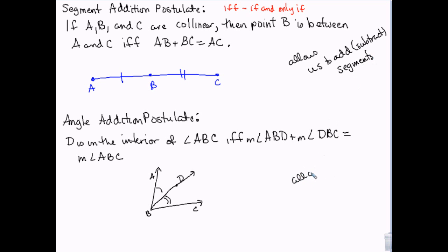And this allows us to add and subtract angles. So in our proof, this is what allows us to do that. So you would just say angle addition or segment addition, even if you're subtracting, because when you're subtracting, you're just adding a negative. So they just call it angle addition or segment addition. There's nothing called segment subtraction.